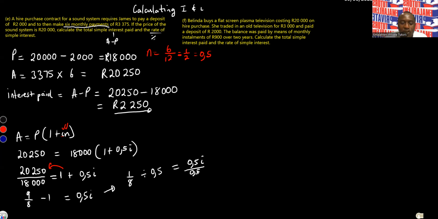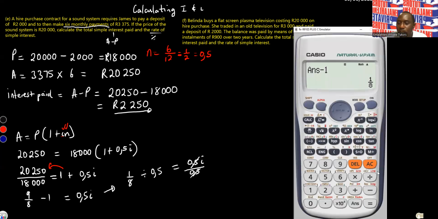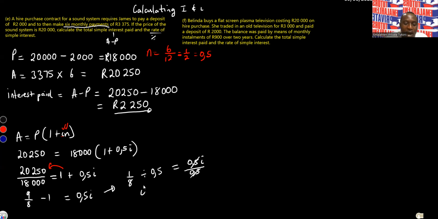We are dividing by 0.5 on both sides so that we can cancel. What do we get? 1/4, which is 0.25. So here our I is equal to 0.25. And our 0.25 times 100 is going to be 25%.